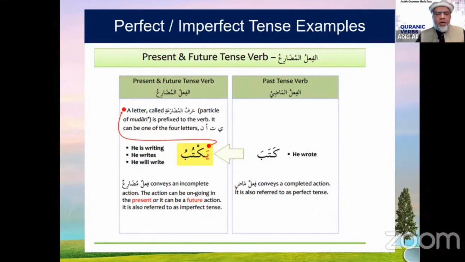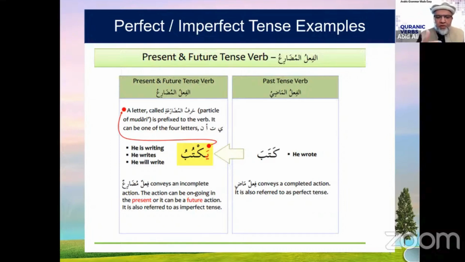Okay. So we know that in fi'l al-madi, if we have a verb and the root letters are kaf, ta, ba, and it has to do with something with writing and reading, you will get kataba for the madi, which is he wrote.